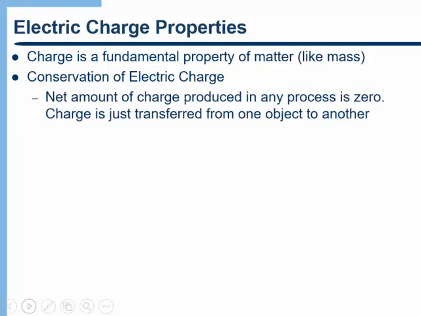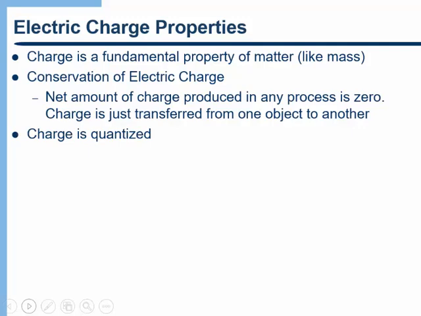The net amount of charge produced in any process is zero. So charge is transferred from one object to another, but the total charge before and after any kind of interaction is still the same. We're not creating charge out of nothing. We're not getting rid of charge. It's not appearing or disappearing in a way that the total charge changes.